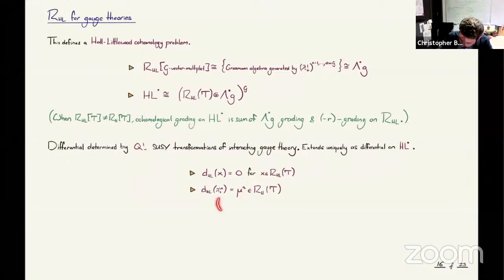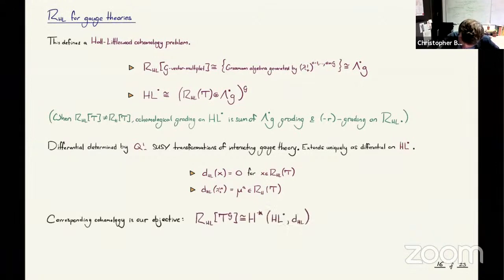And for the gauginos, they give me the moment maps. So this is exactly the action that I was using to get the hyperkähler quotient before, only now I'm extending it to an action on this entire complex where I have the full exterior algebra. And then the cohomology of this thing is what we're looking for.